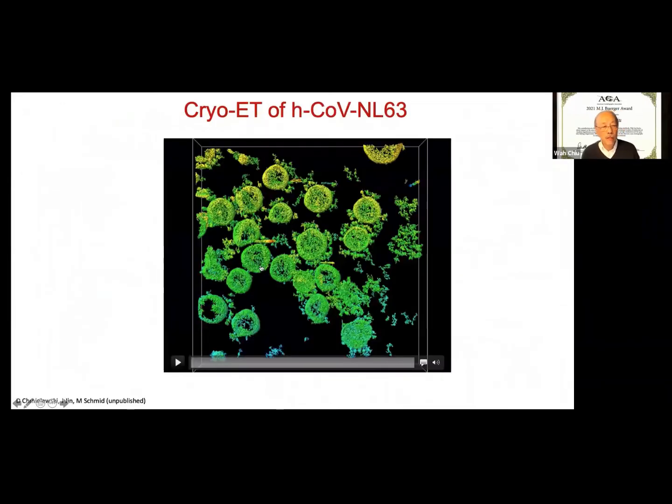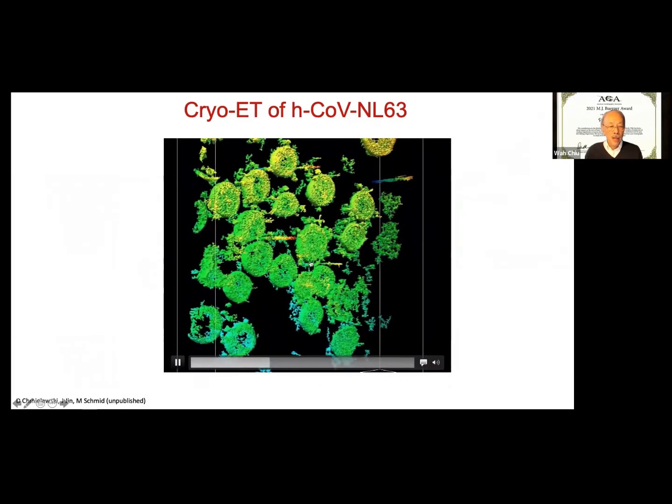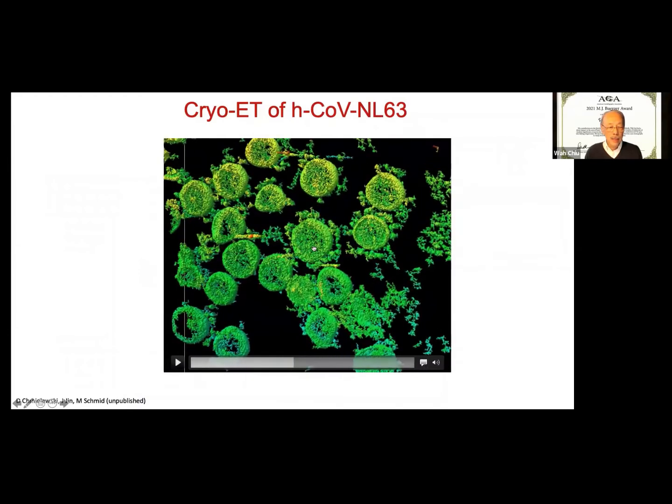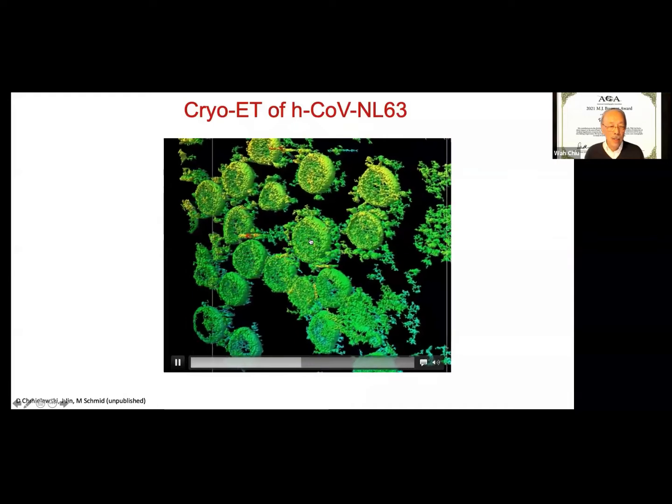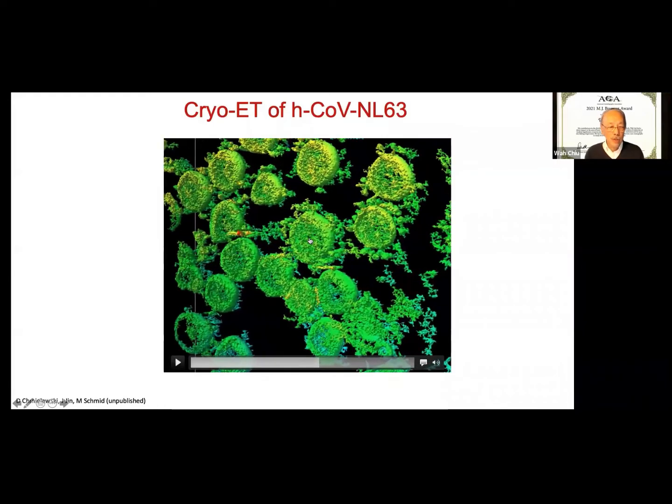Another approach for this whole coronavirus is doing tomography, because I'm showing you a tomographic reconstruction of this NL63 particle. As you can see here, this is a movie taken from a virtual reality graphic from ChimeraX illustrations, and you can see all the spike proteins, as I showed in the previous slides, in deriving the 3.4 angstrom structure.